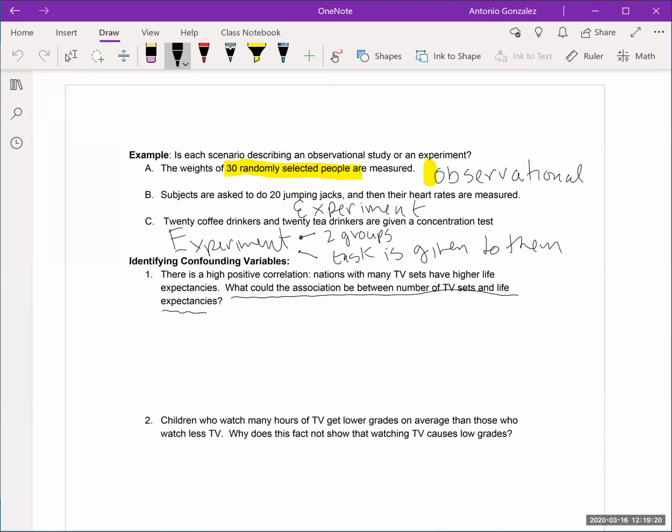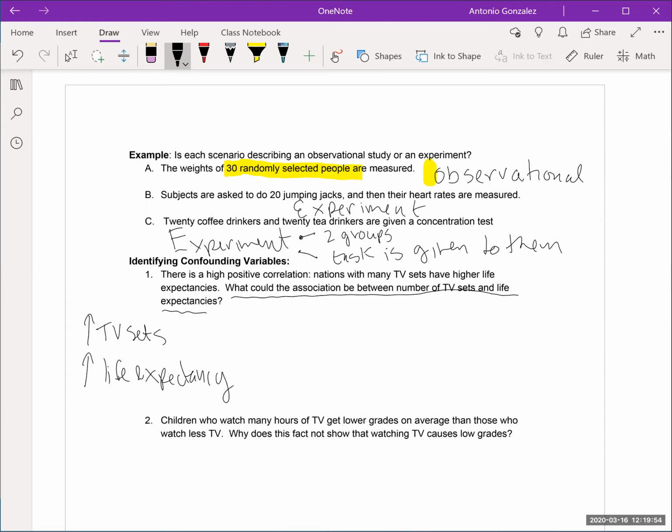All right. So one thing first to define here, high positive correlation, is that the more TV sets, the higher the life expectancy. So a high positive correlation means that when one variable goes up, so does the other one.